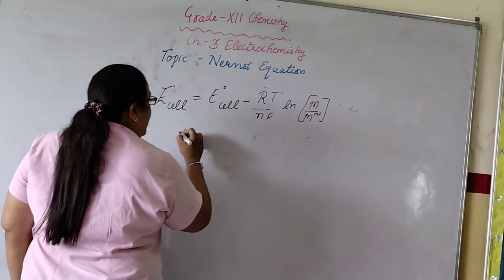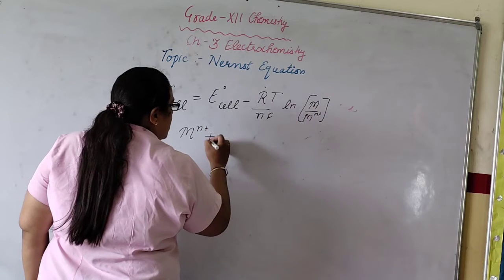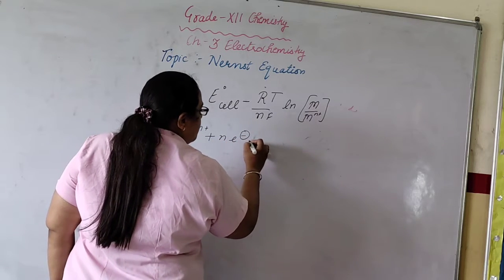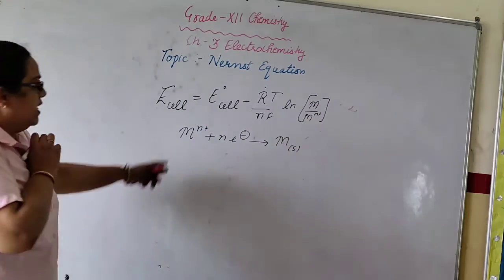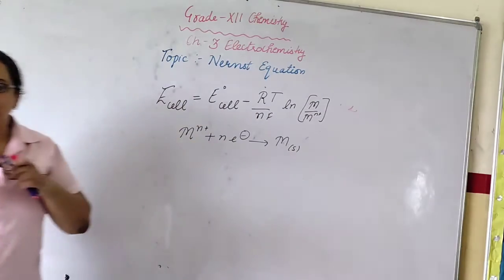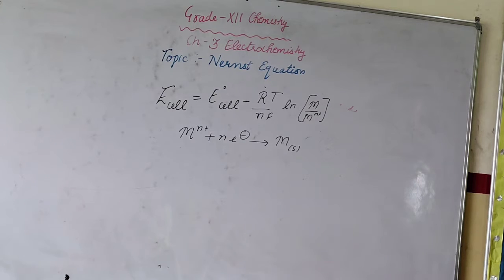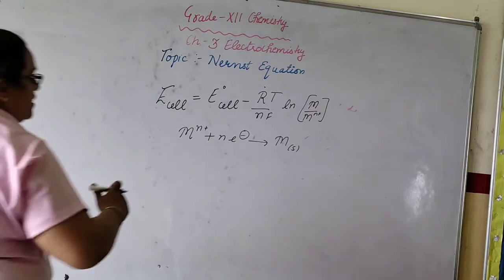Suppose I am converting this metal into this. The Nernst equation for the same: E of cell at any temperature and pressure is equal to E naught of cell minus RT over nF ln of the concentration of metal in pure state over ions concentration.